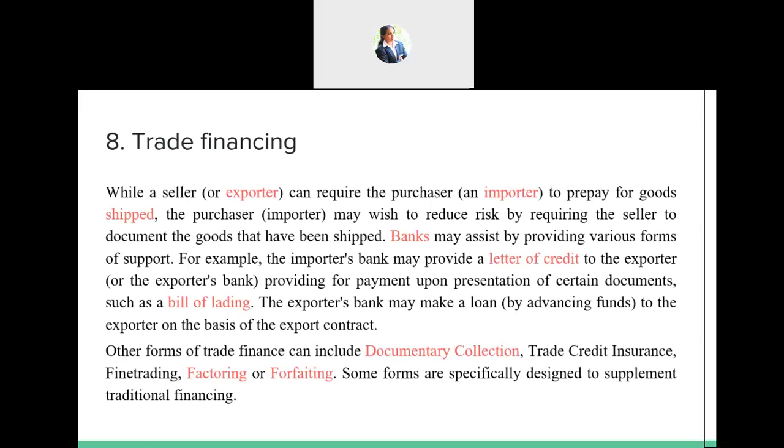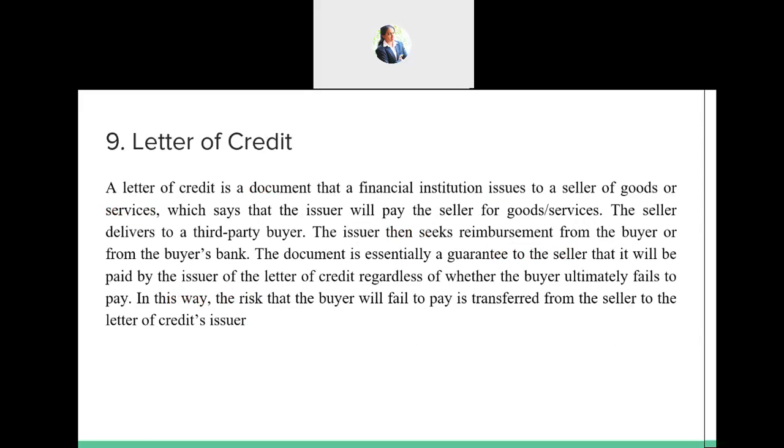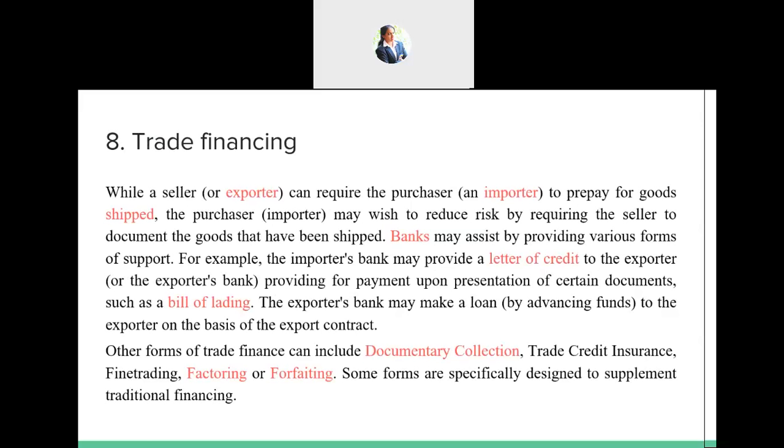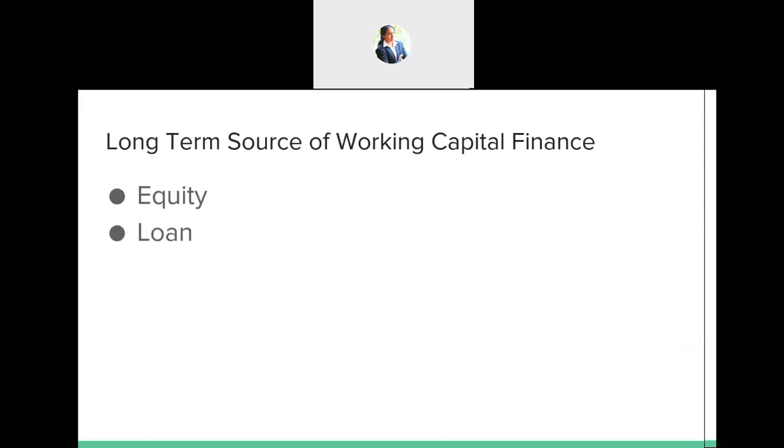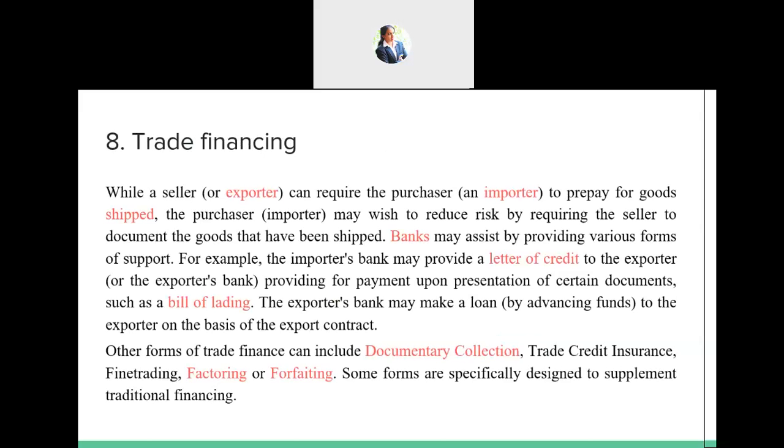The next one is commercial paper. Now, a commercial paper is usually an unsecured promissory note.